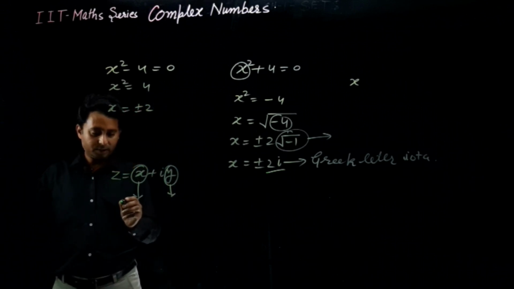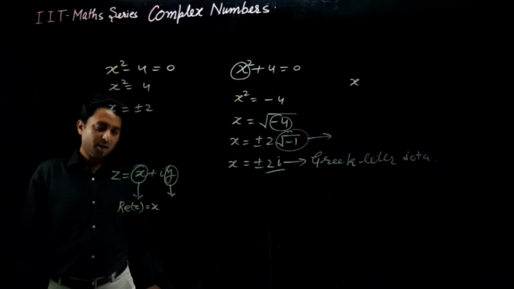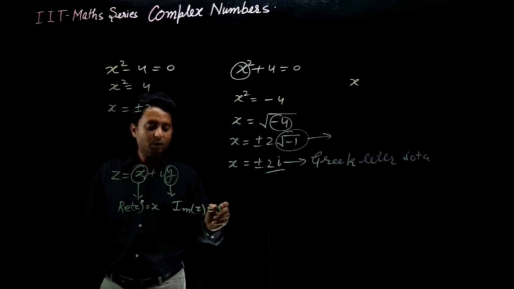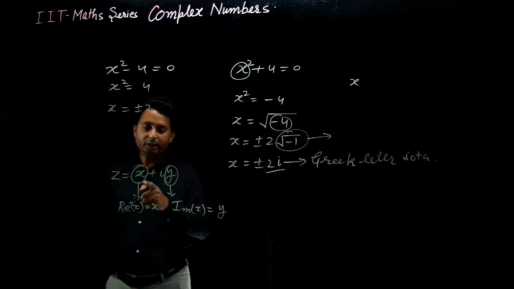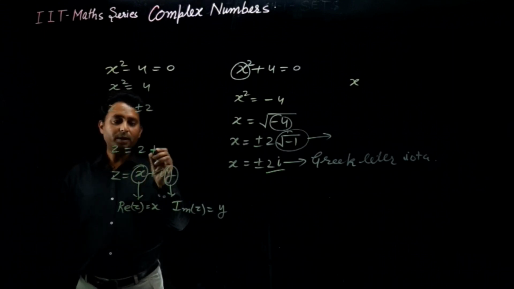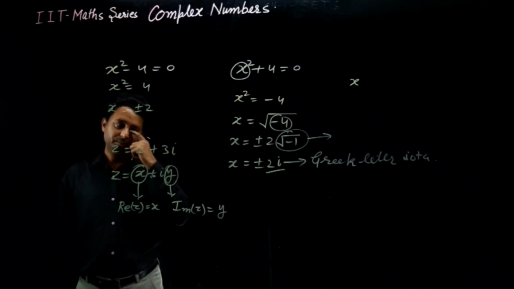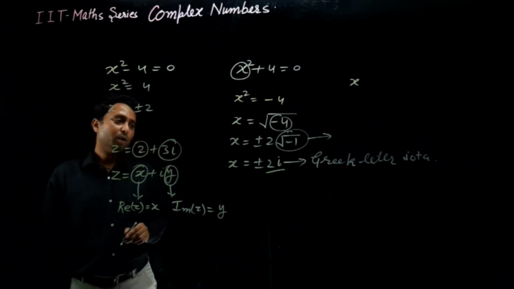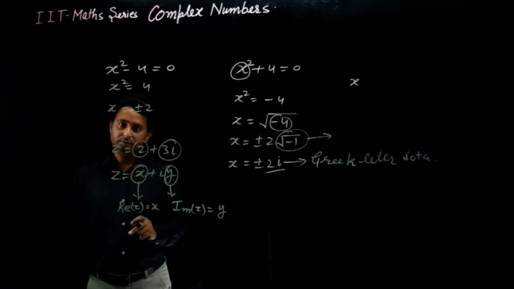It means x is the real part of z, and y is the imaginary part of z. Any number written in this form, like z equals 2 plus 3 iota, is also a complex number. One part is imaginary, the second part is real, but it is not necessary for both parts to appear.